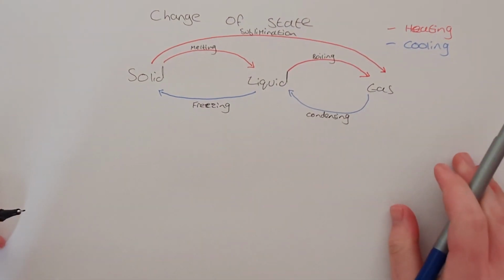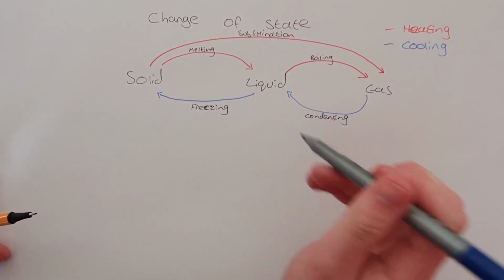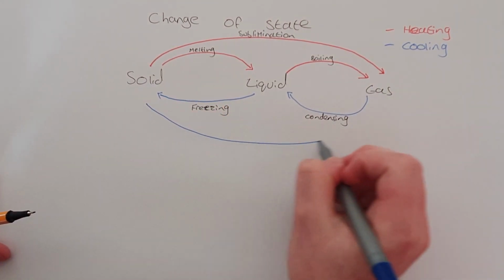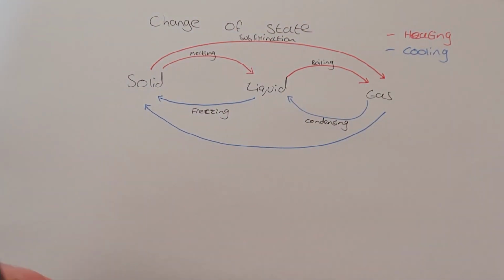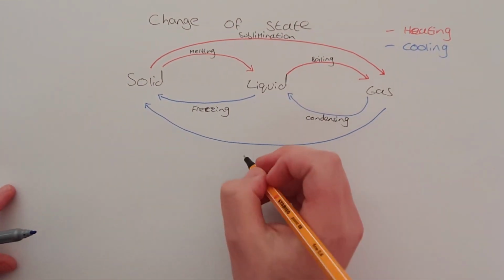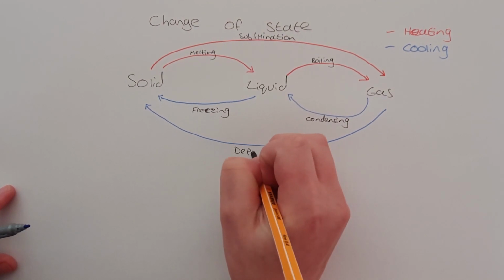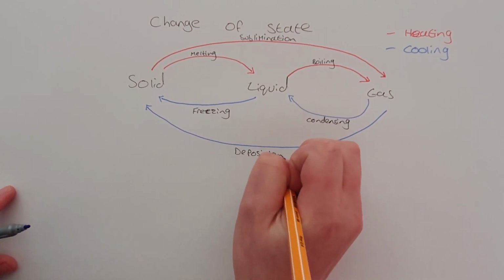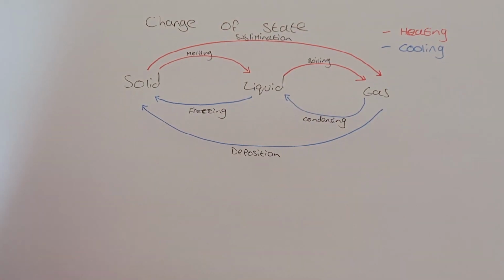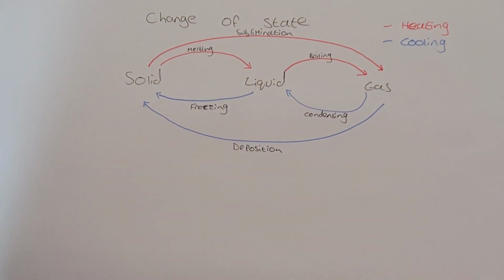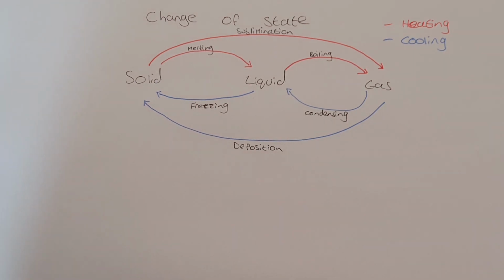That's all you need to know at GCSE, but let's go a little bit further. Because we can also go from a gas to a solid, and we call this deposition. So there are all the state changes we need to know, and we'll look at these in more detail as we go through this topic and as we start to have a look at internal energy.